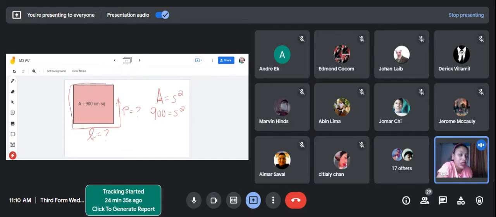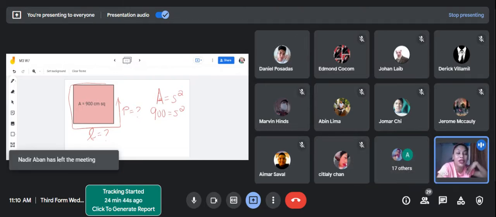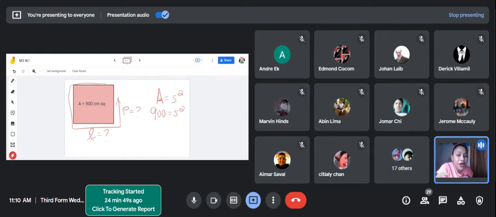So 900 is equal to s squared. And here we have to do algebra. I need to make s the subject. I need to leave s by itself because that is what I want to know. I want to know the length of a side, right? So how do I remove that power of 2?